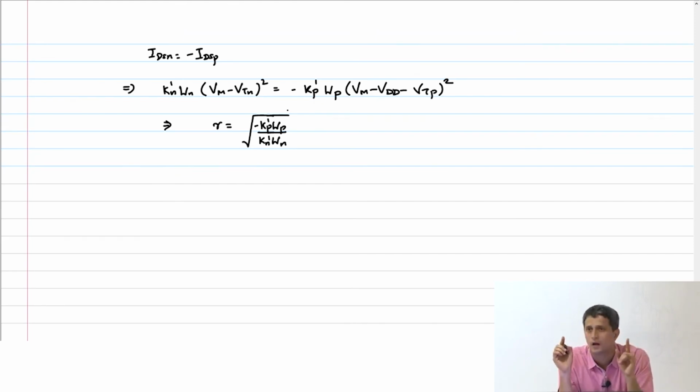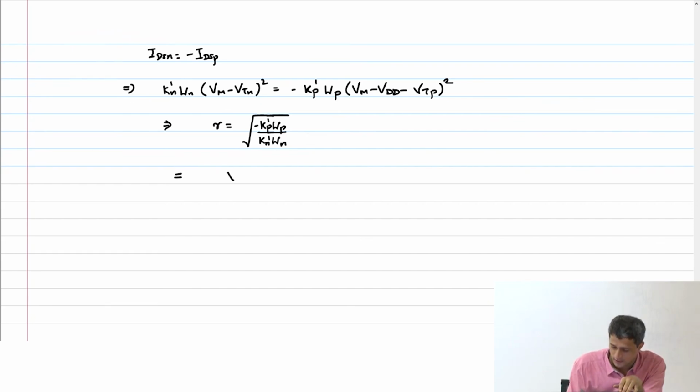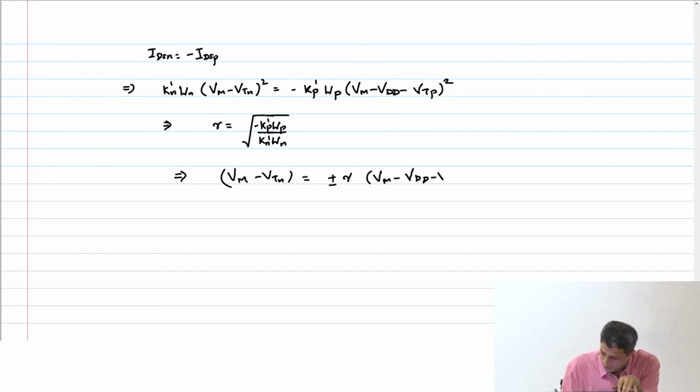Clear? When I take the square root, how do I decide if it is plus or minus? You get my problem, right? Now this is Vm minus Vtn equals plus or minus R into (Vm minus VDD minus Vtp).